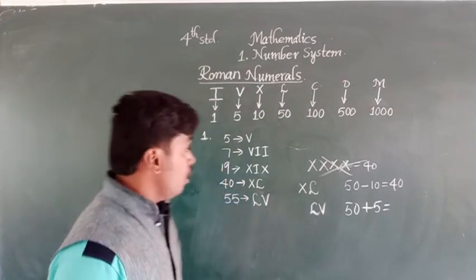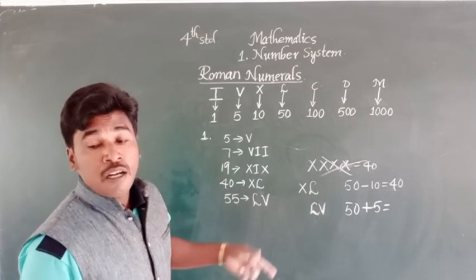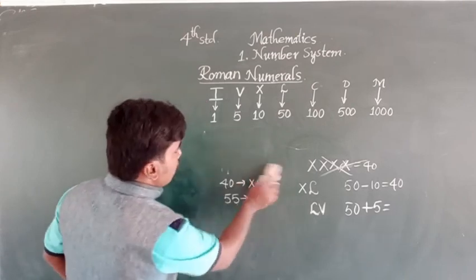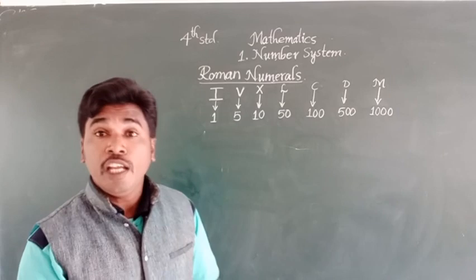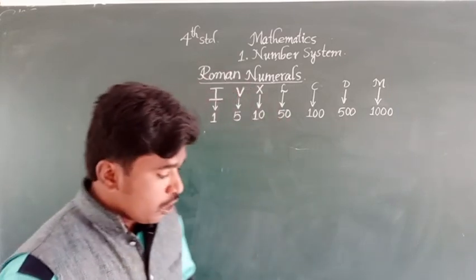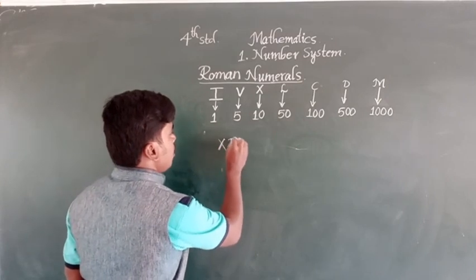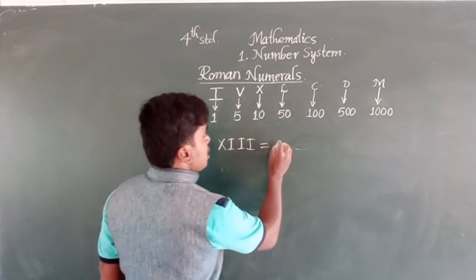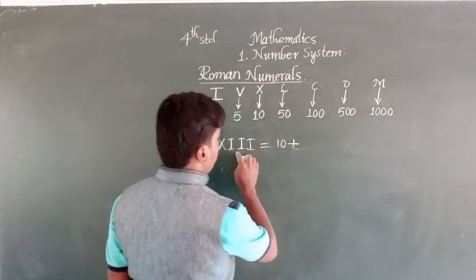Dear children, now we have converted Hindu-Arabic numbers into Roman numerals. Now, in the exercise part only, they have given some Roman numerals, then you should write it into Hindu-Arabic numbers. Which are the numbers given? So XIII. So observe here, X means 10 plus 1 plus 1 plus 1. III means it is 3.